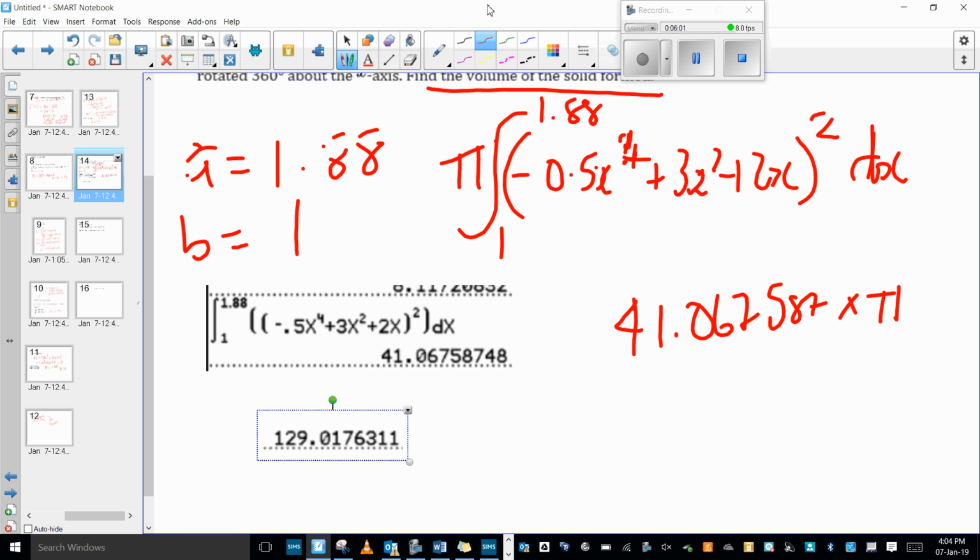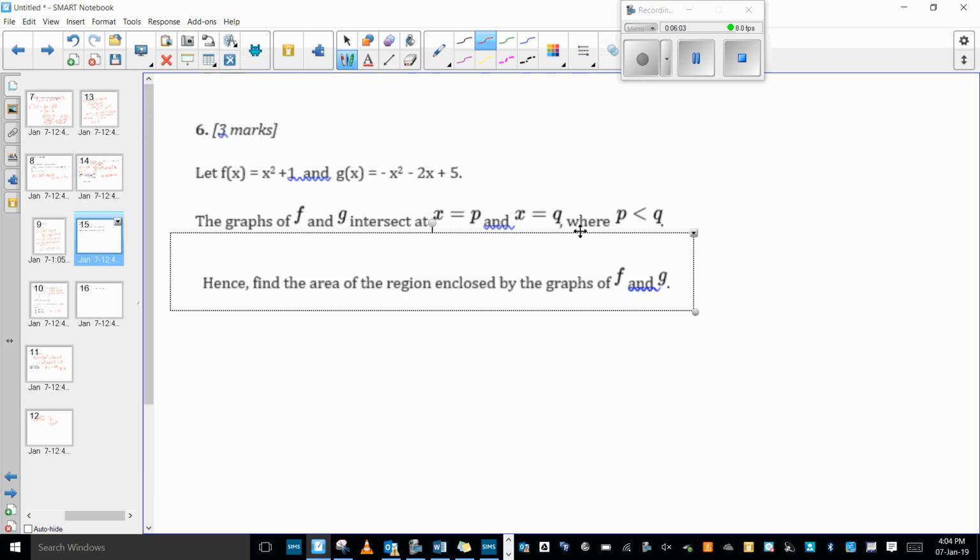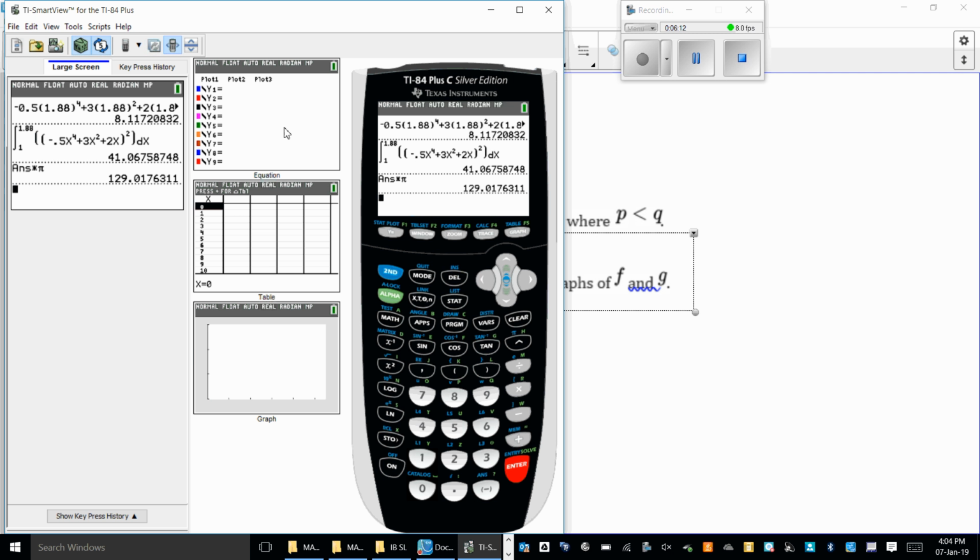Okay, and next one. We've got two functions, so I would suggest to plot those.